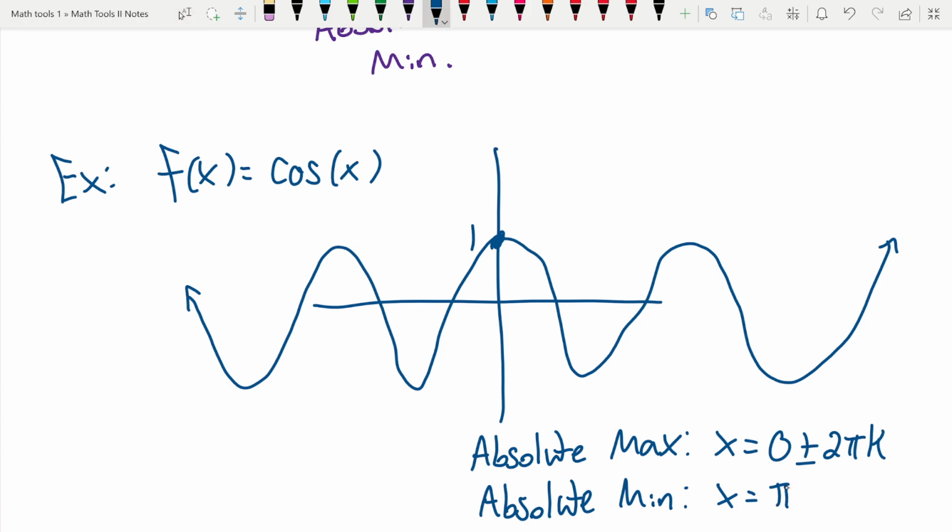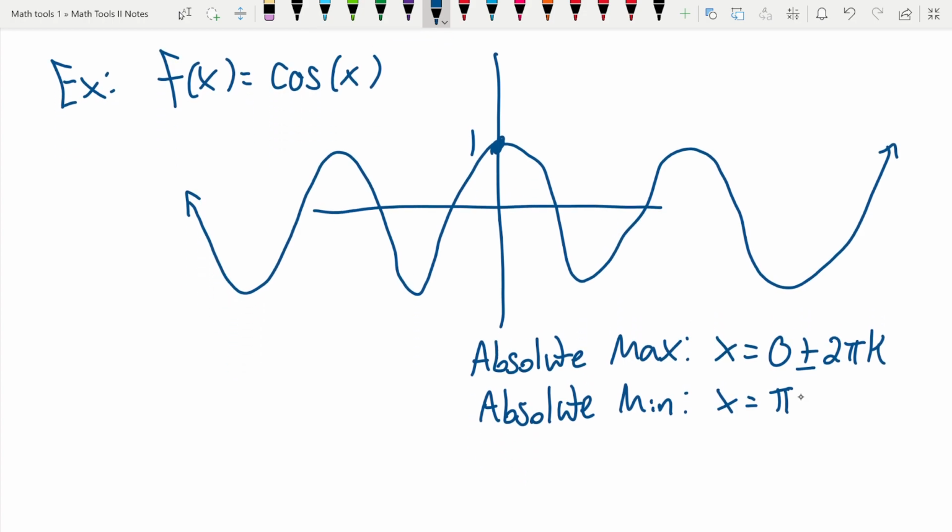It's 0 at pi over 2. So again, plus or minus 2 pi k. Okay, so we can have an infinite number of them. They're just all going to be tied at that same y value. And this is, of course, looking at it over negative infinity to infinity, the whole domain.